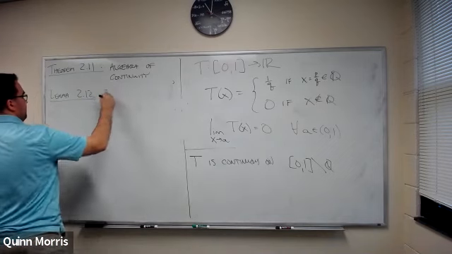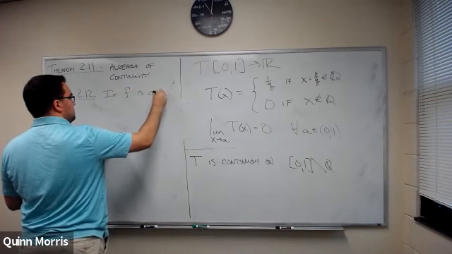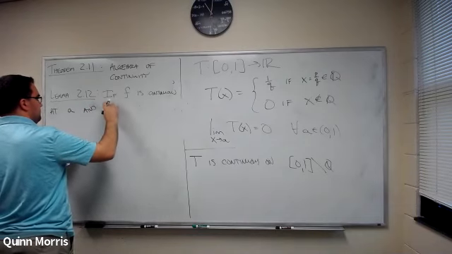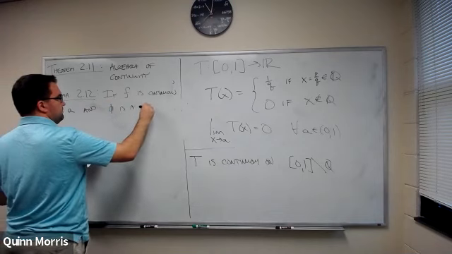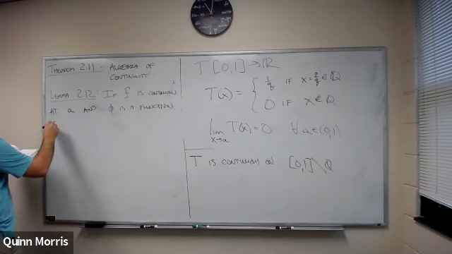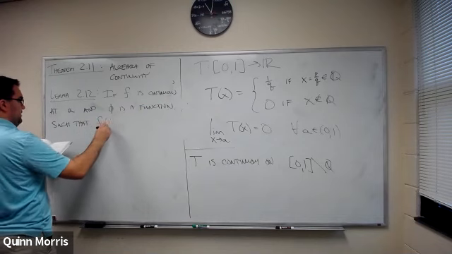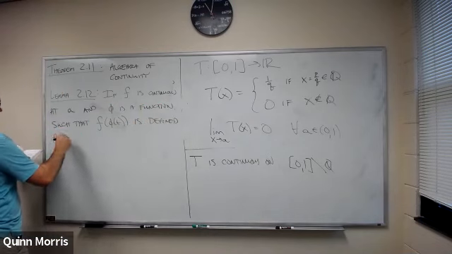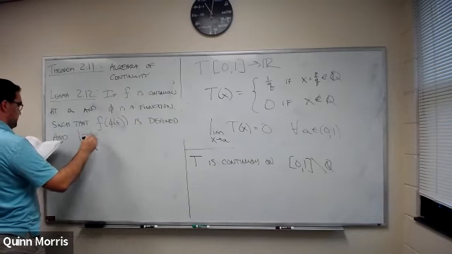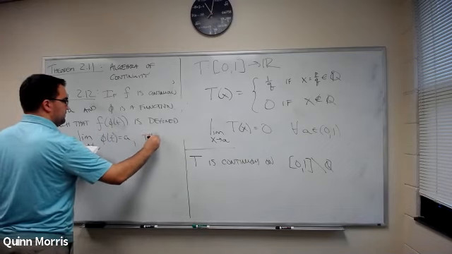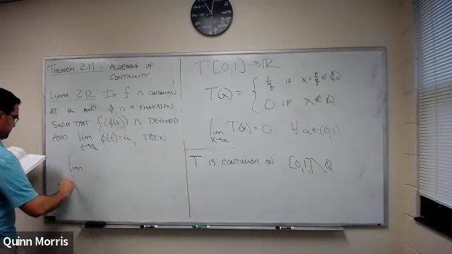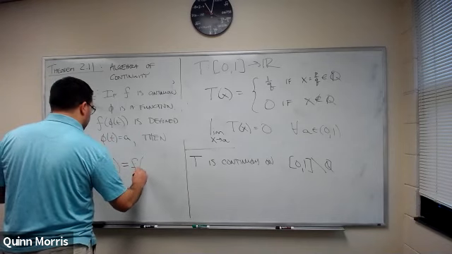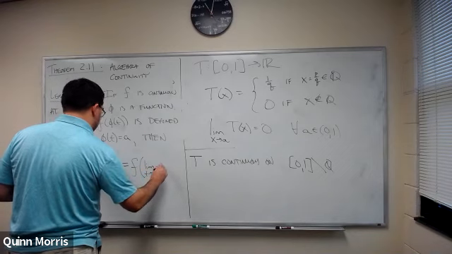If a function f is continuous at A, and phi is a function such that f of phi of t is defined, and the limit as t approaches t naught of phi of t is equal to A, then the limit as t approaches t naught of f of phi of t is equal to f of the limit as t approaches t naught of phi of t.